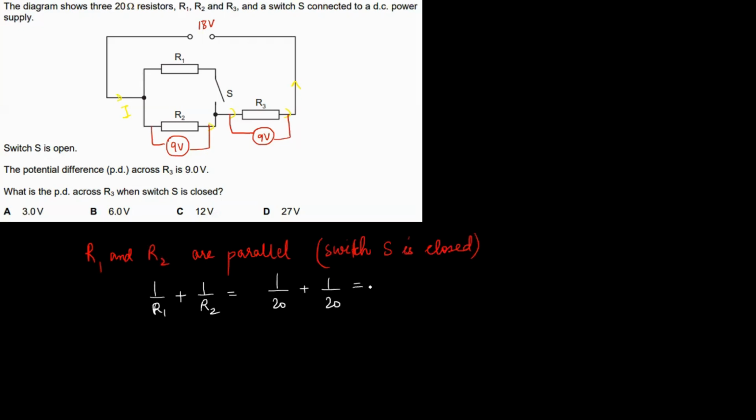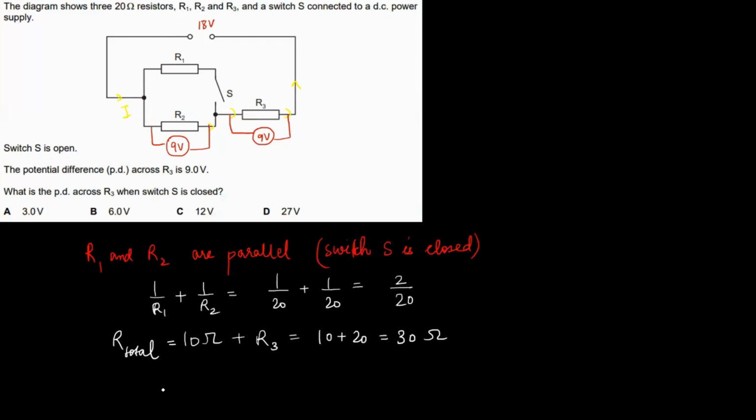This is 2 upon 20, and the combined resistance of R1 and R2 is 10 ohm, which is in series with R3. That will give you 10 plus 20, which is 30 ohms. So total resistance is equal to 30 ohm.